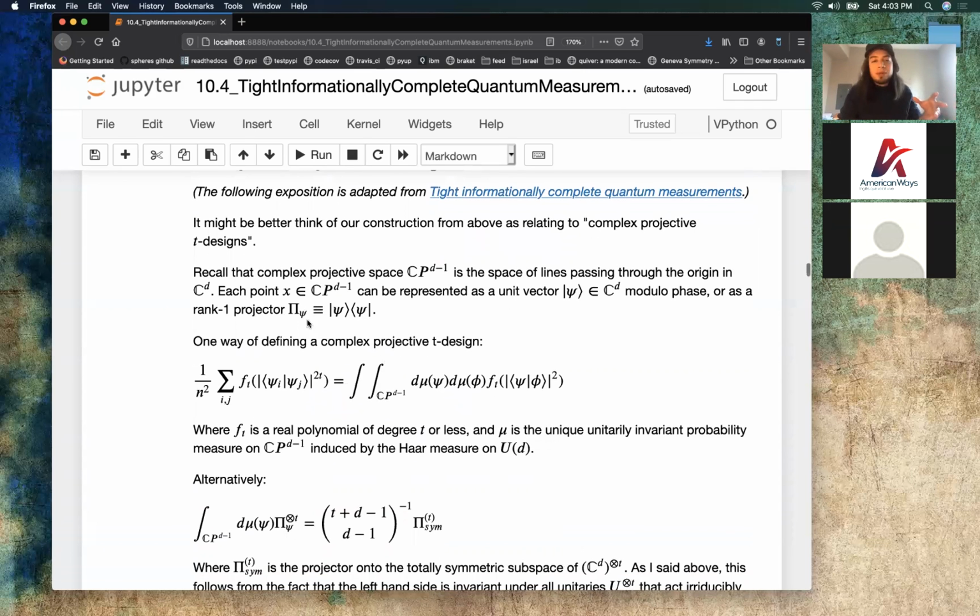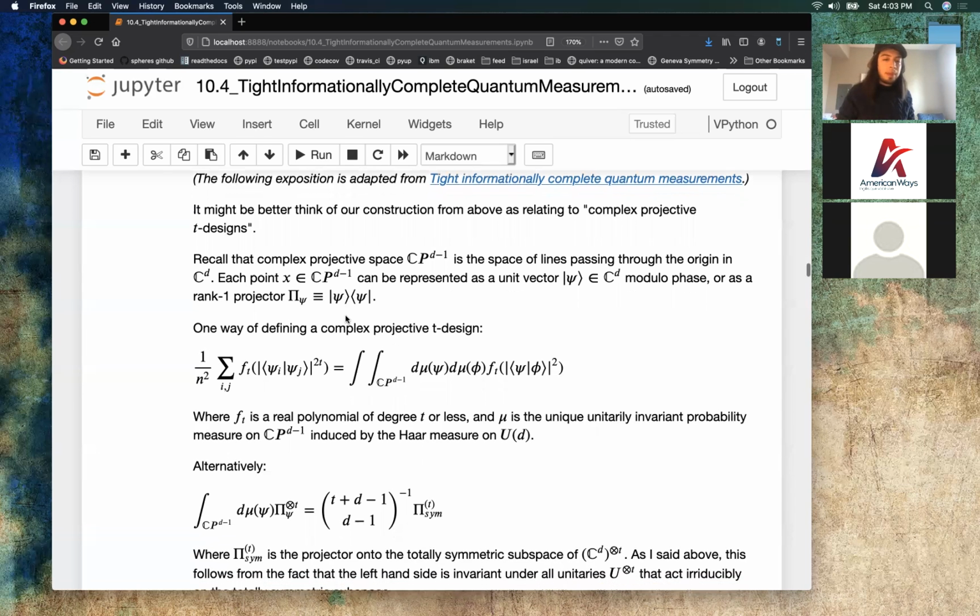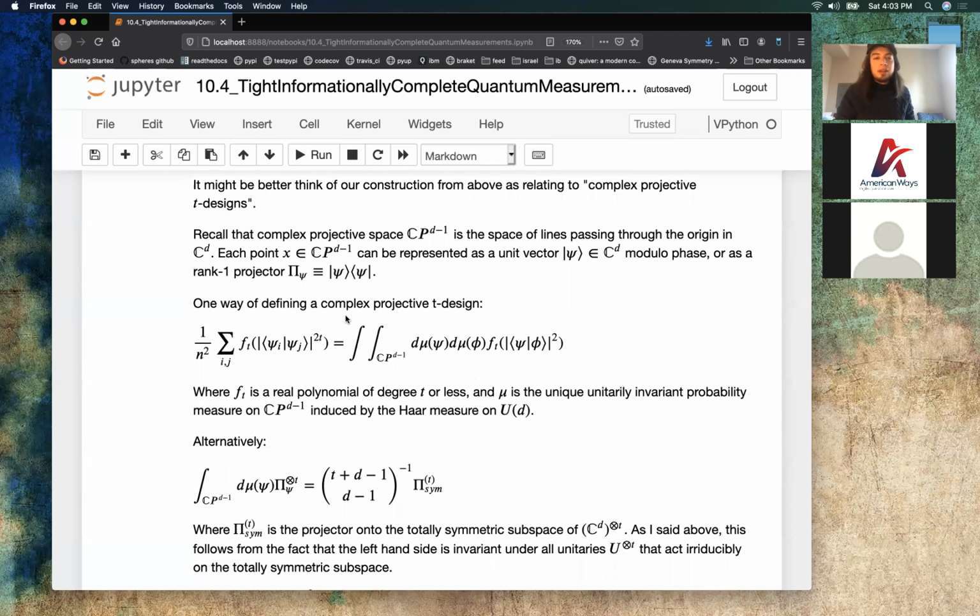So when we form a projector, we're throwing out the phase. You can think about complex projective space as a space of lines passing through the origin in C^d, basically rank 1 projectors. And so you lose a bit of the dimensionality because you're throwing out the phase and also demanding that this have trace 1, or that the vectors be normalized.